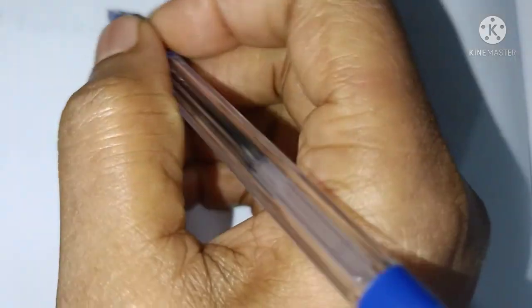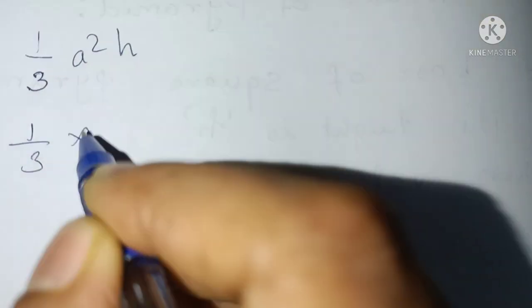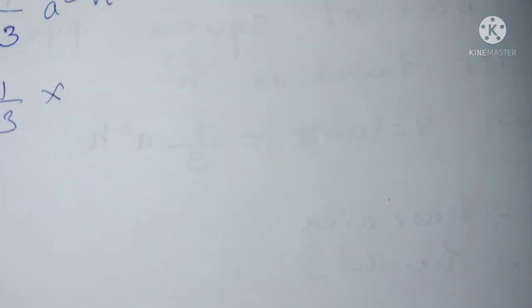Then volume is equal to 1 by 3 A square H. That is 1 by 3 into, what is A here? A is equal to 10.